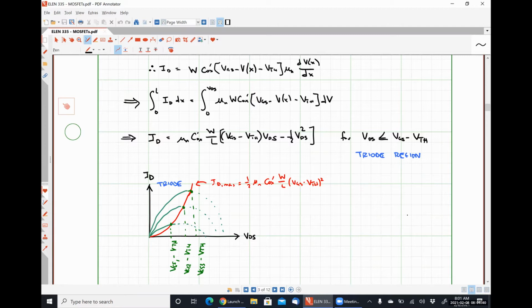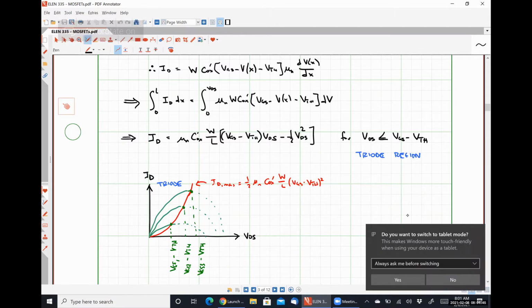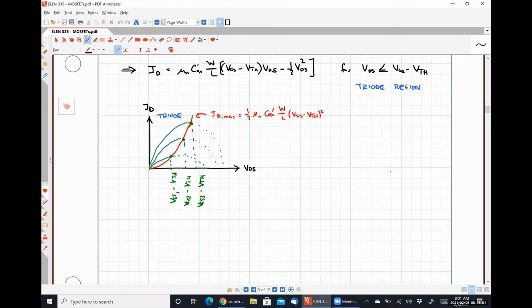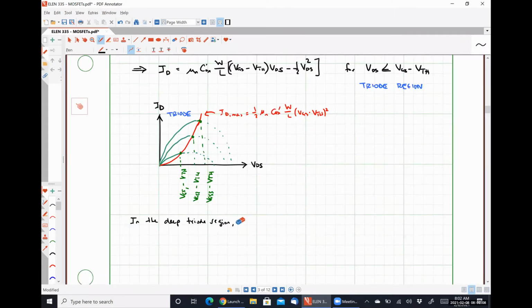So what we would call the deep triode region, where, again, VDS is much less than VGS minus VTH.